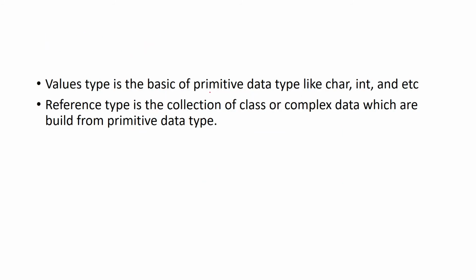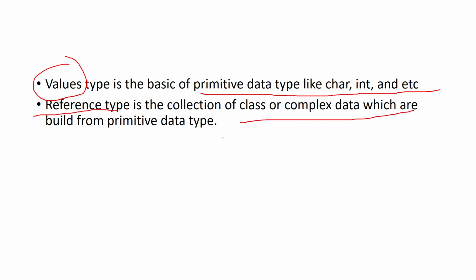Value type is the basic primitive type like character, integer, and so on. Reference type is a collection of class or complex data built from the primitive data type. Basically, reference comes from value. So let's see the example.